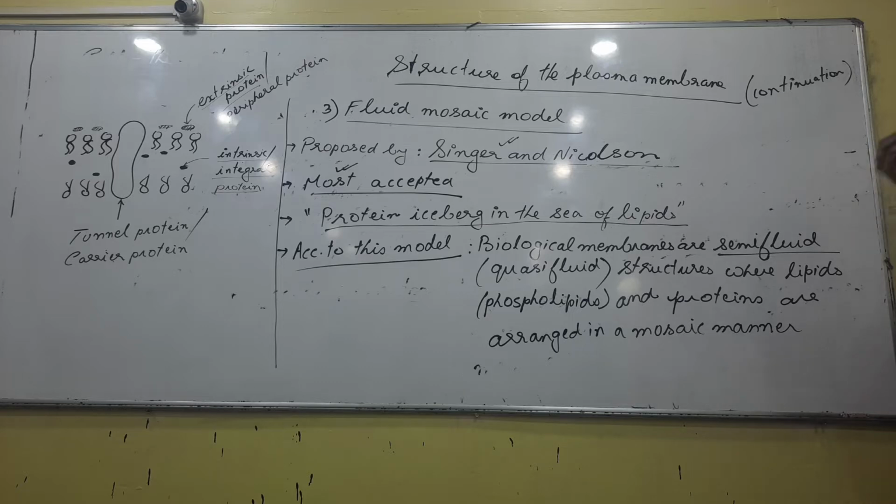They used to take up different stones, mix it with cement, color them up and then they used to make the floor. So, as a result, the structure of the floor looked like what? Variously colored, asymmetrical in nature. So, that is what is called mosaic, right? And this mosaic has been used because of the different types of proteins that are present in the plasma membrane, right? Because it is asymmetrical. So, I think this is understood. Diagram is understood. We will write some more points.